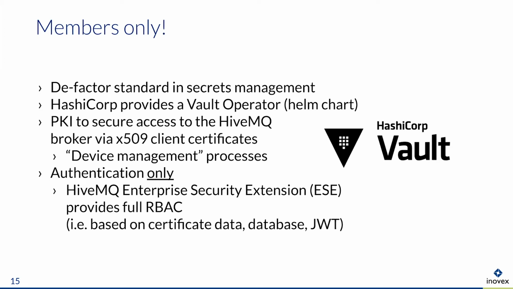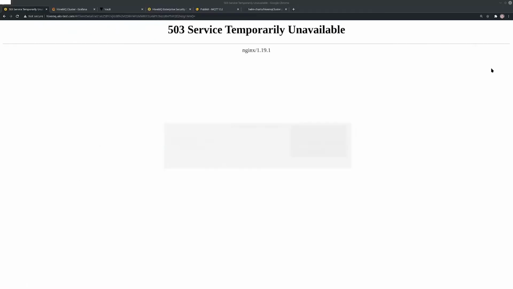Mind you, in that case it's authentication only, so we only know it's a valid client. There are further things that you can add to get full RBAC, full role-based access control, to manage all sorts of access to the HiveMQ cluster. But let's dive right in.